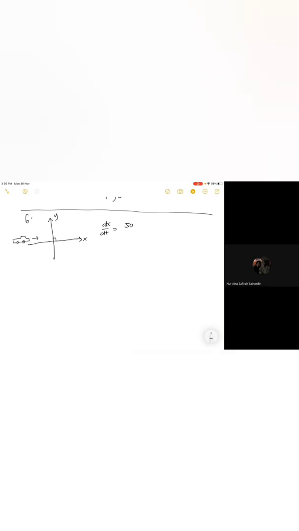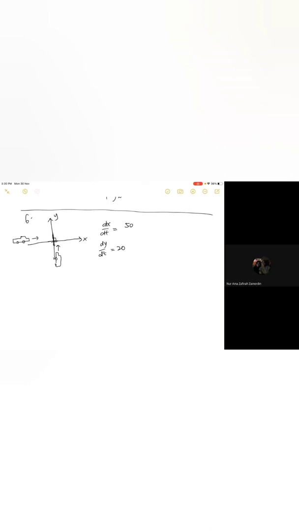Lorry B, of course, comes from this side, so dy/dt equals 20 miles per hour. Everything approaches the intersection. This is the intersection.